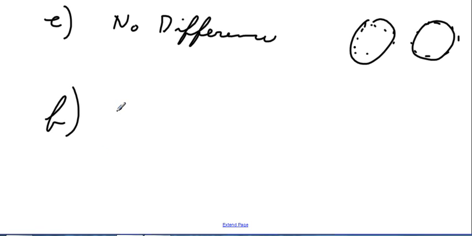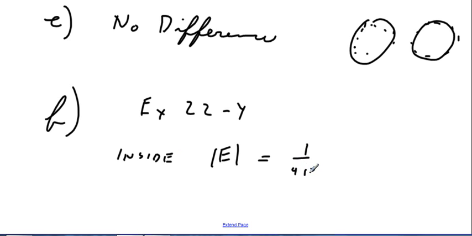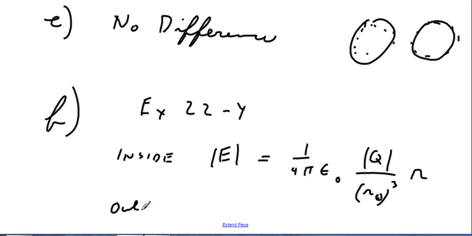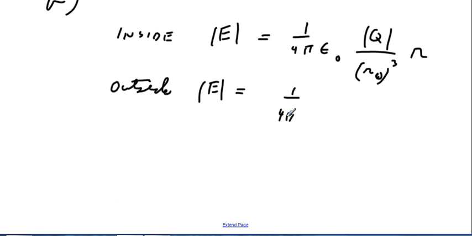So if I look at exercise 22-4, we find that if I'm inside the non-conducting sphere, I have an equation that E is going to be 1 over 4 pi epsilon naught Q divided by R naught cubed times R. And if I'm outside, then my E is going to be 1 over 4 pi epsilon naught Q over R squared, and that's going to be the difference.